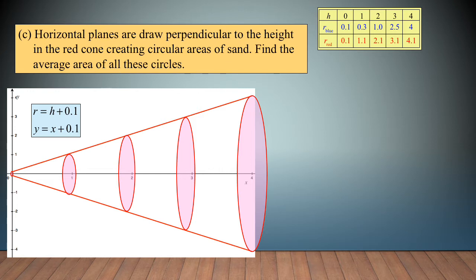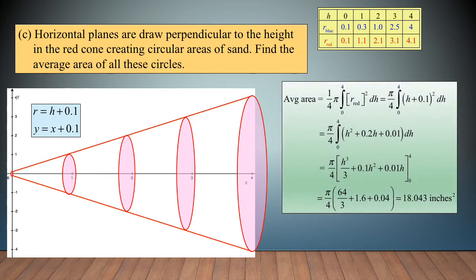So we will look at the relationship r equals h plus 0.1 as y equals x plus 0.1. We then draw a mirror image across the x-axis and create our cone by drawing discs. We see 4 representative discs.